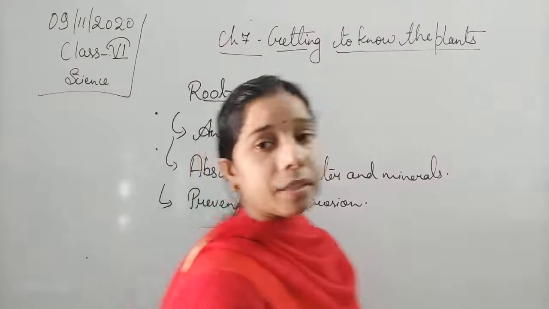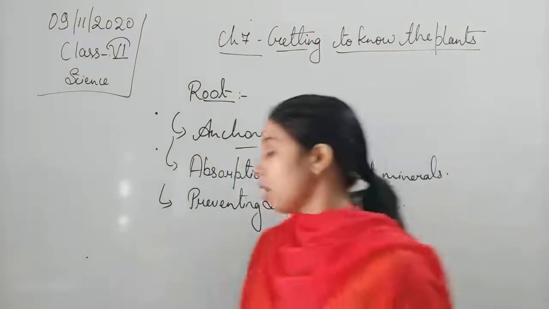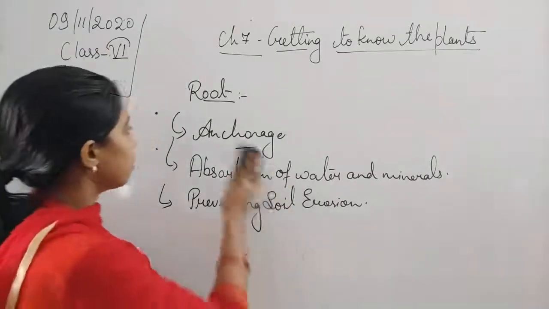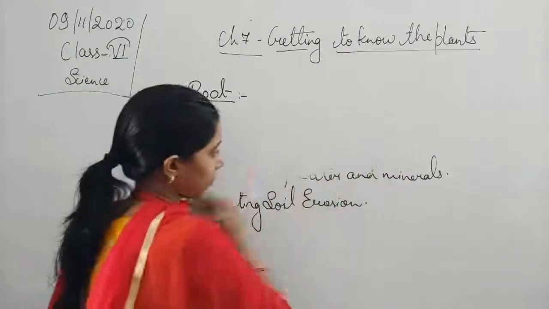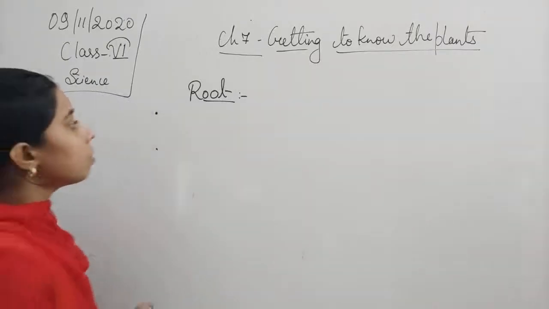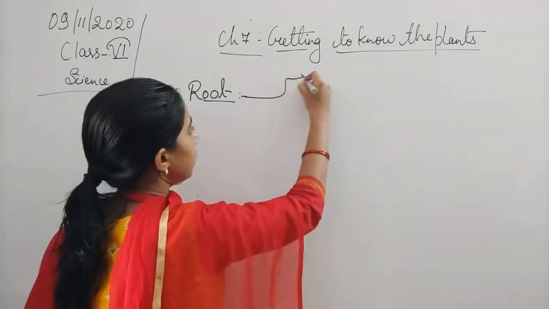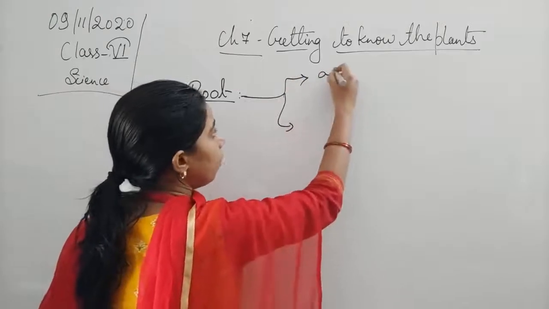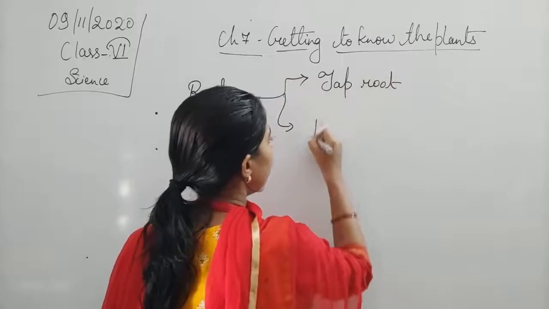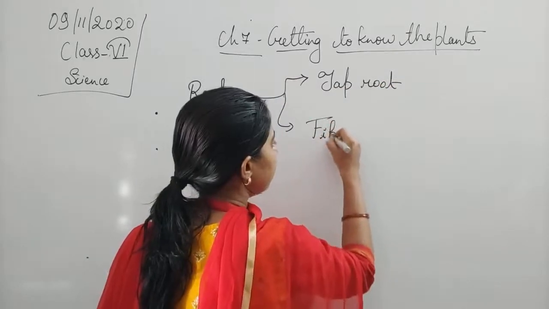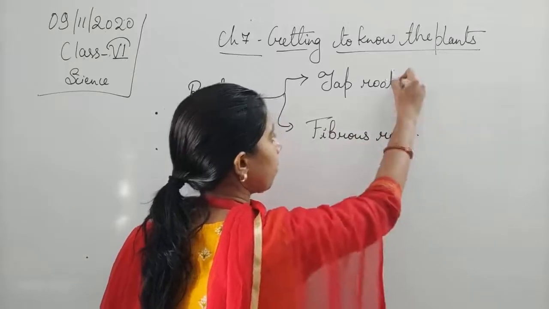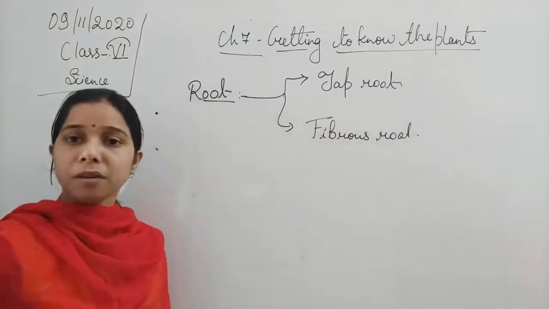Okay, now let us try to understand what the different types of roots are. You see, students, a root is basically divided into two types: taproot and fibrous root. Taproot and fibrous root.